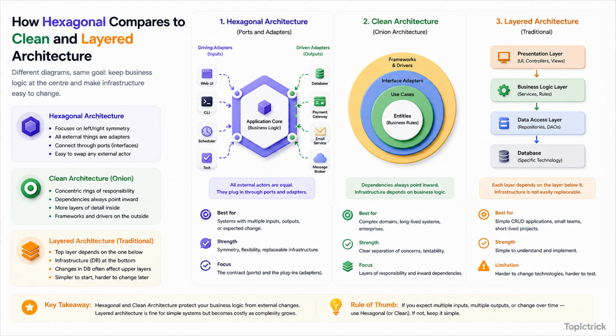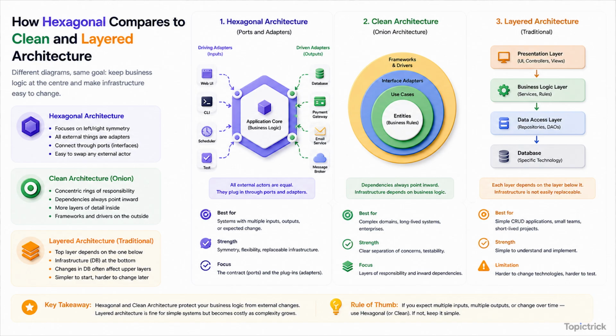Compared to traditional layered architecture, the difference is more fundamental. In a layered architecture, the database is at the bottom and business logic builds on top of it. The database is not optional. In hexagonal architecture, the database is just another adapter on the outside. It is completely replaceable.